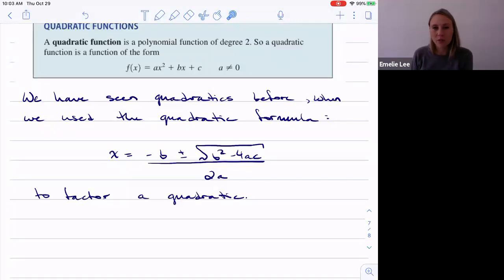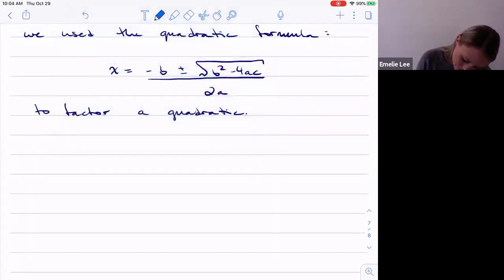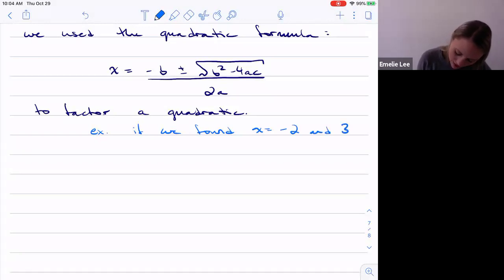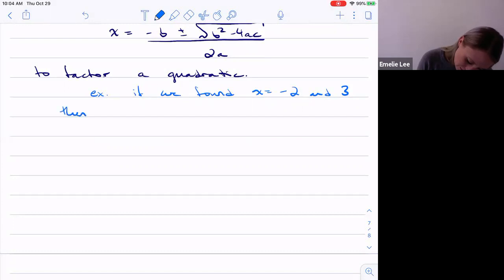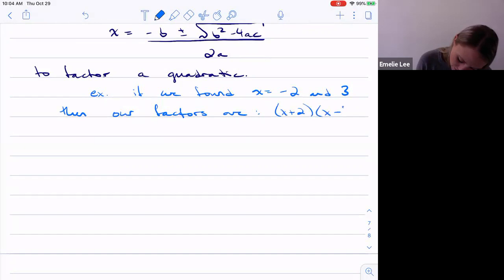For example, if we found x equals -2 and 3, then our factors are x plus 2 times x minus 3.